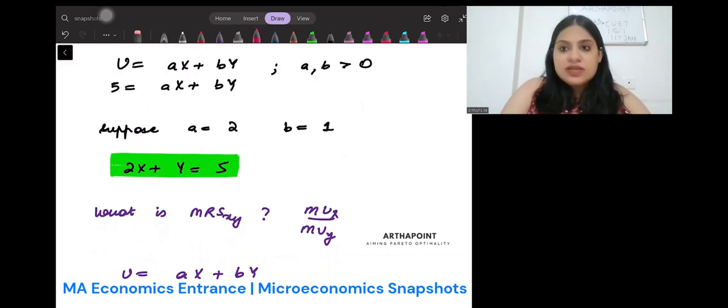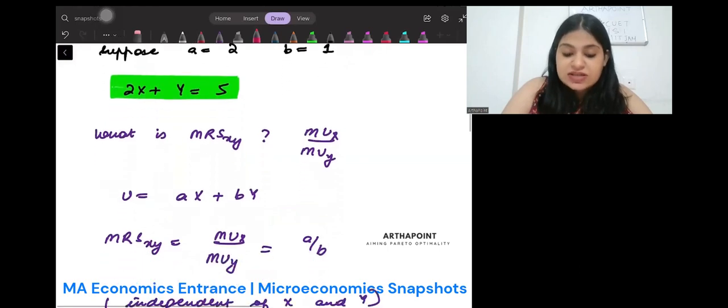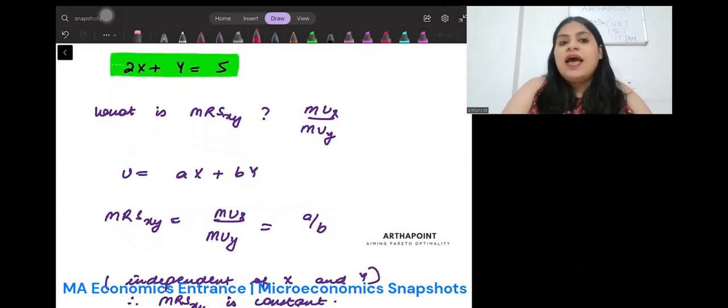For example, in this case, you can be given A is equal to 2 and B is equal to 1. Now, if that is the case, then you can rewrite this utility function as 2x plus y is equal to 5. Now, what is MRS for perfect substitutes?